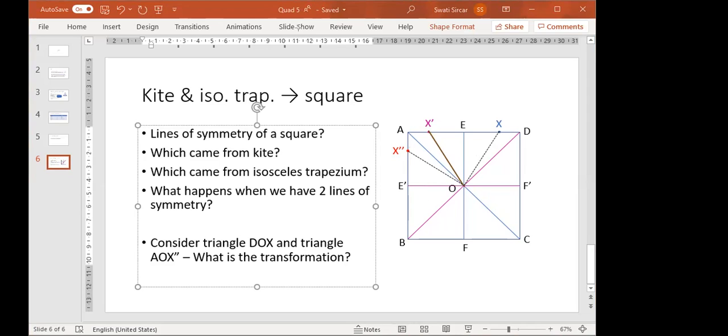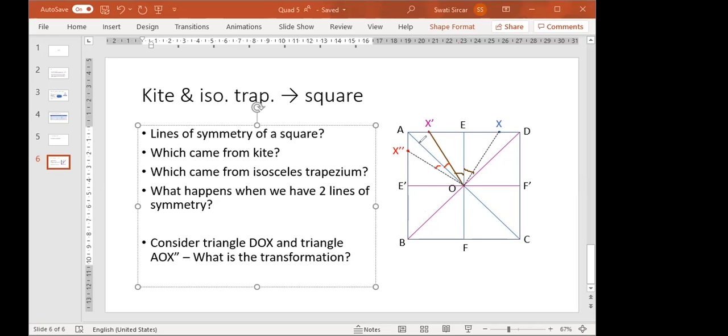Now, notice this angle is the same as this angle, and this angle is the same as this angle, right?